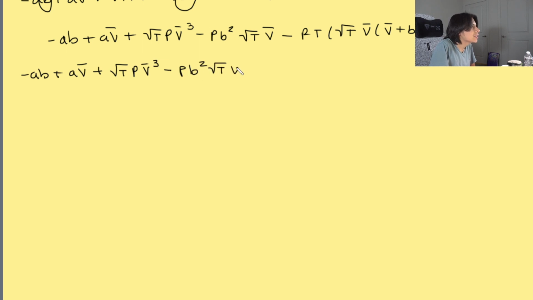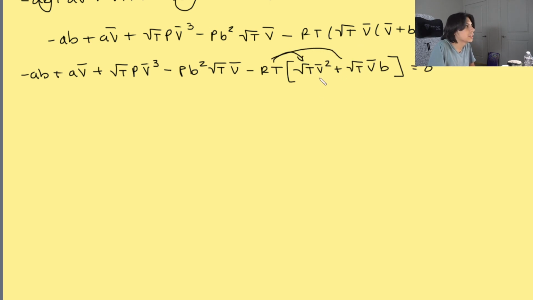Okay, so I'm just rewriting this, and then minus RT. Okay, so I'm going to put big brackets, and I'm going to say square root of T V bar squared plus square root of T V bar B.